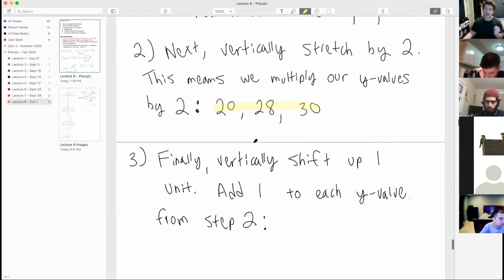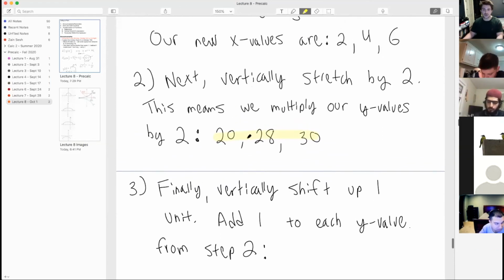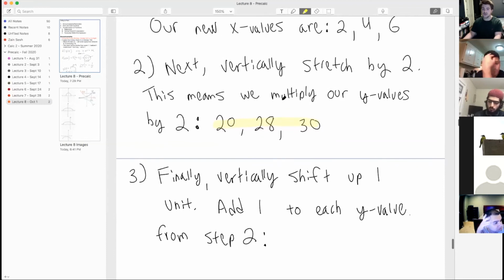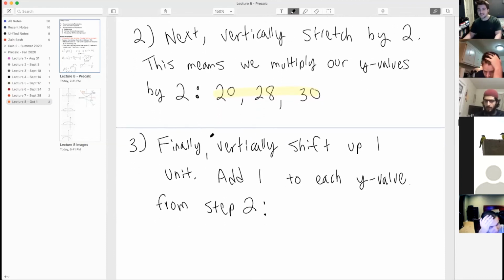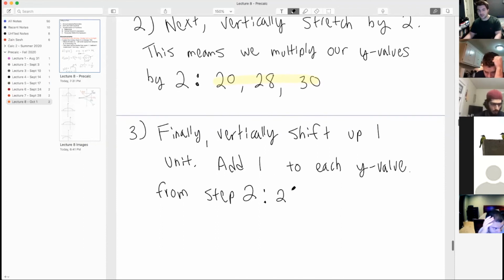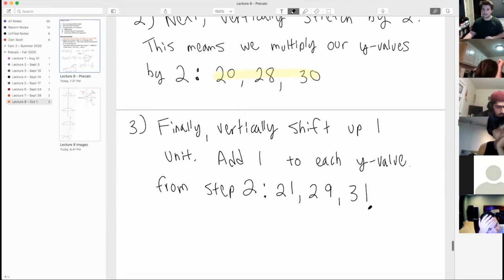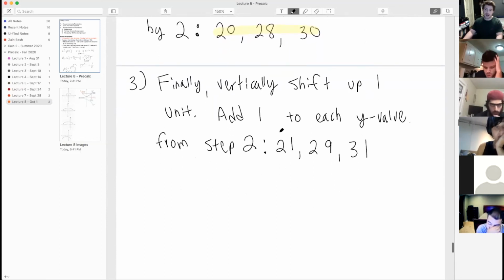Because if you went back to your original y values, you would be completely ignoring this vertical stretch by 2 that we did in step 2. So you need to add 1 to our y values from step 2. And that's easy. So 20 plus 1 is 21, 28 plus 1 is 29, and 30 plus 1 is 31. Okay, and that is it. So now we just compile everything in our table.